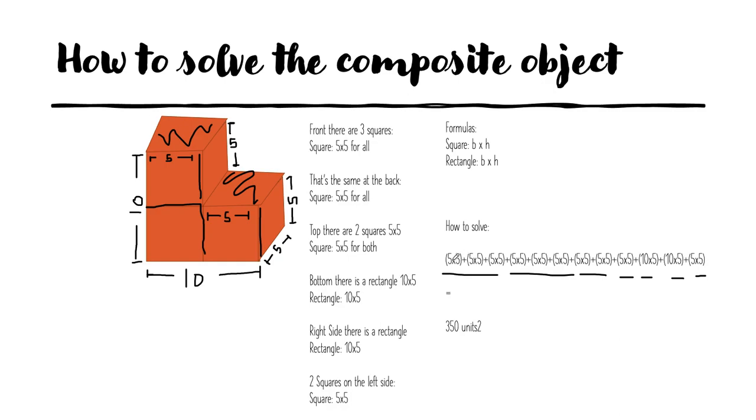When we add all of these together, it's going to give us 350 units squared. Remember, do not multiply this part. You have to add each and every side.